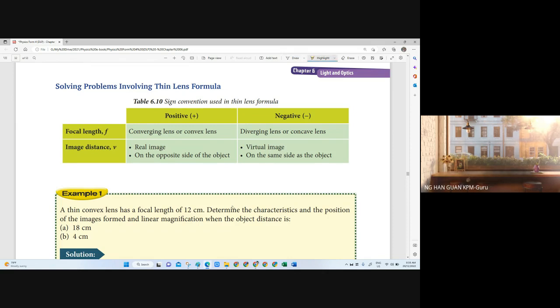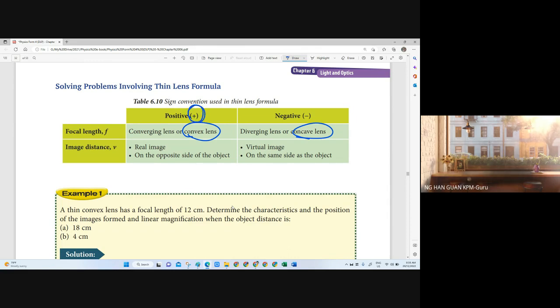Before we learn how to use the equation to determine the characteristics of the image, we need to know something first. First one, we have two different lenses, which is the convex lens, right? And the concave lens. Okay. So for a convex lens, remember yesterday we learned already, convex lens we have the real image, convex lens we have the real focus, so that's why the f is positive.